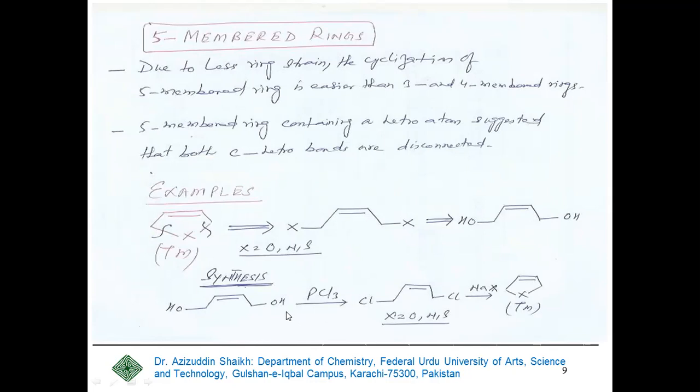The hydroxyl groups are replaced with two chloride groups, and then the reaction with sodium halide, where X means oxygen, nitrogen, or sulfur, because both chlorides are good leaving groups. So this heteroatom reacts with this carbon, and the chloride will be removed. This heteroatom again reacts with this carbon, and another chloride will be removed. Then we will obtain our target molecule.